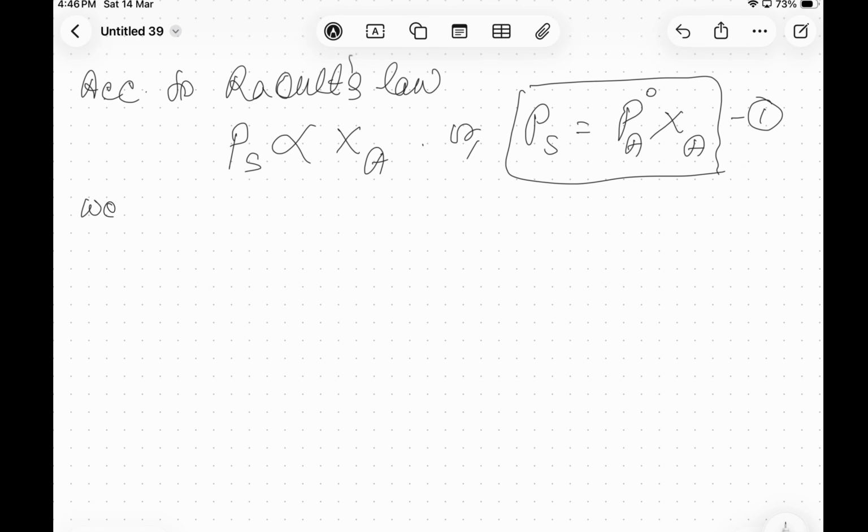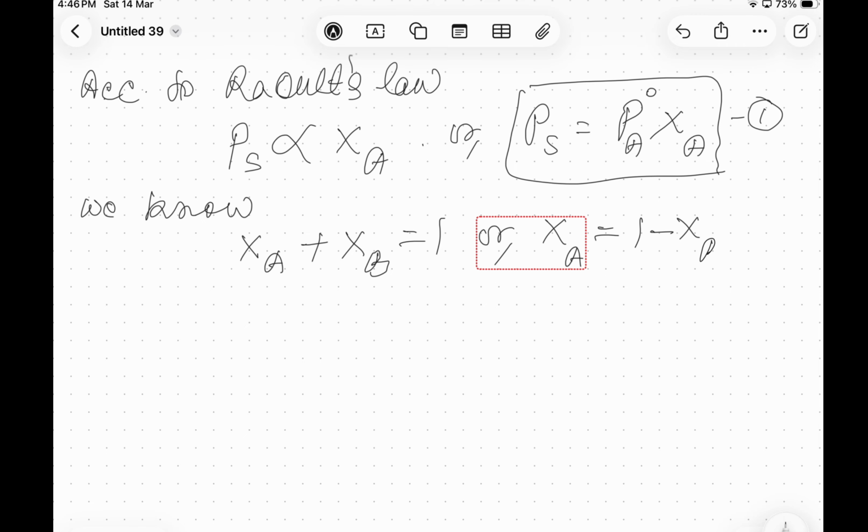We know XA and XB, that means mole fraction of all the components in solution, is equal to 1, or XA is equal to 1 minus XB.